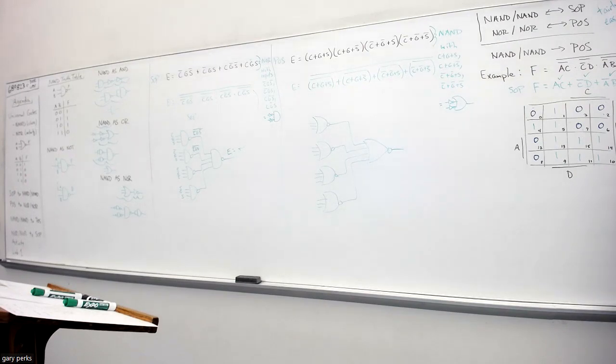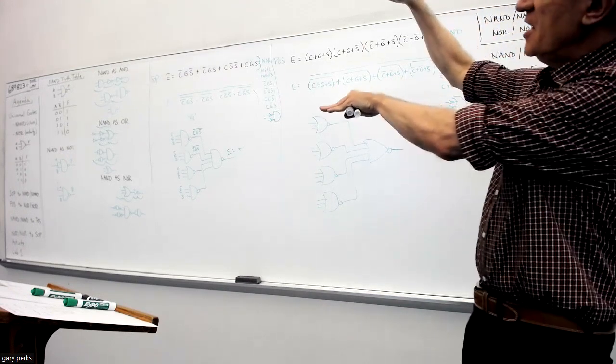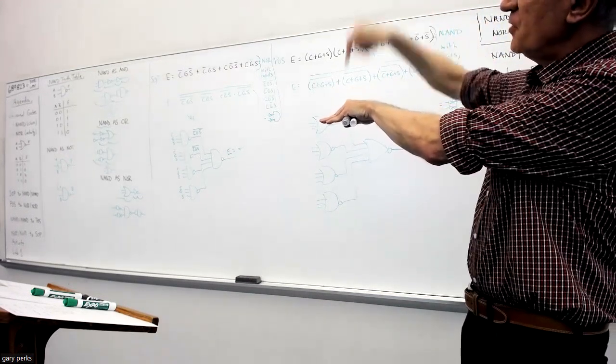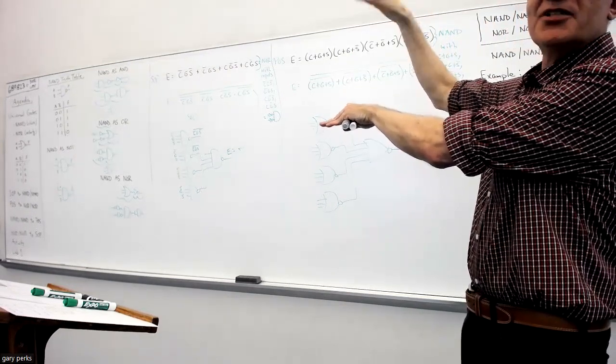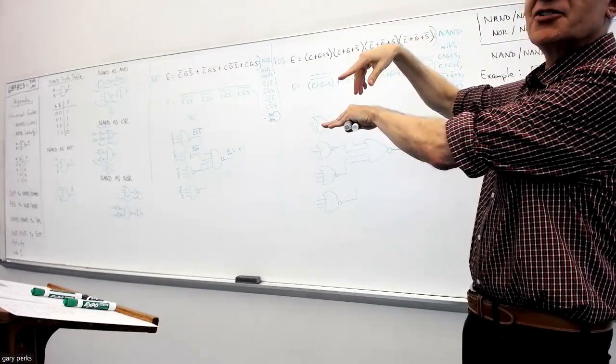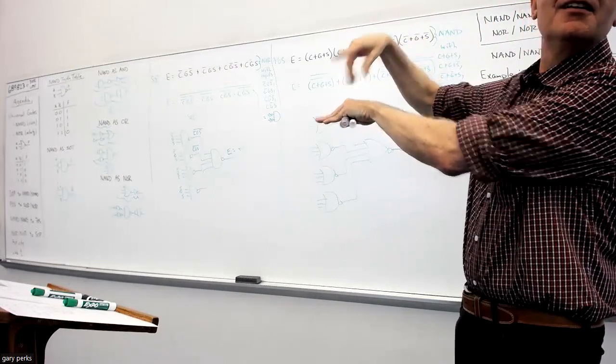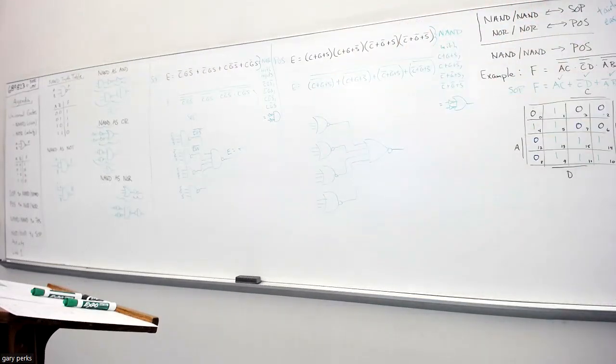Remember from last week? If you have SOP and POS, to go in either direction you have to do De Morgan's twice. And what's going to happen when you do De Morgan's twice? Convert everything and what else? That's the key thing.